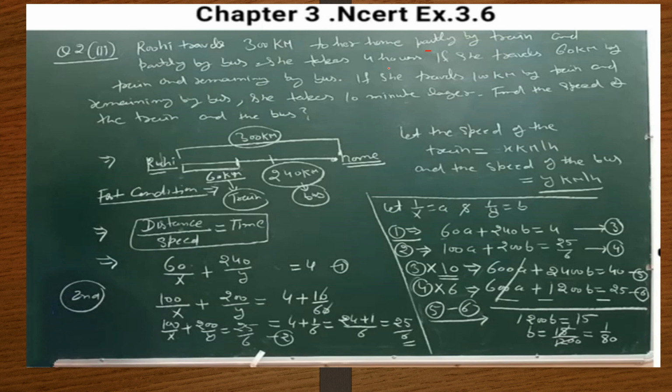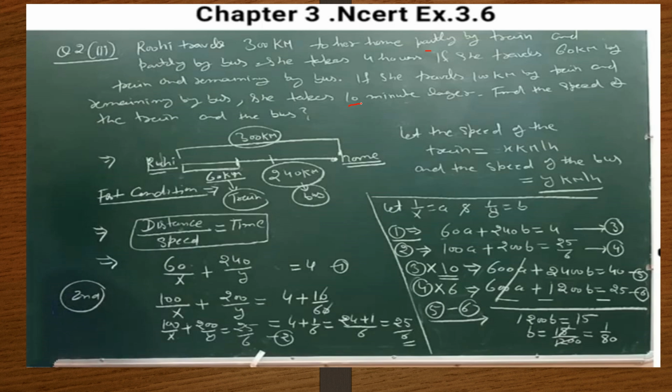She takes 4 hours to complete her journey of 300 km if she travels 60 km by train and the remaining by bus. And in another case, if she travels 100 km by train and the remaining by bus, she takes 10 minutes longer. This is a very important statement here, students.